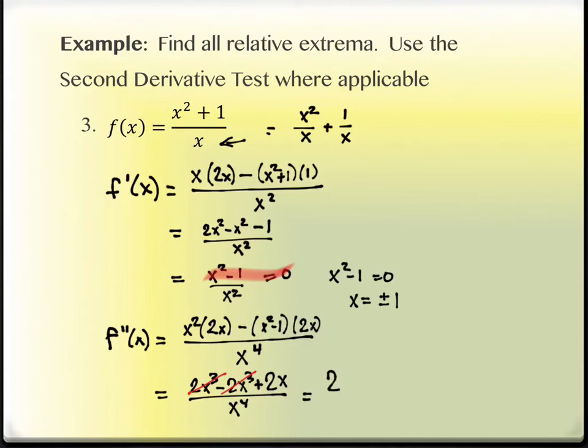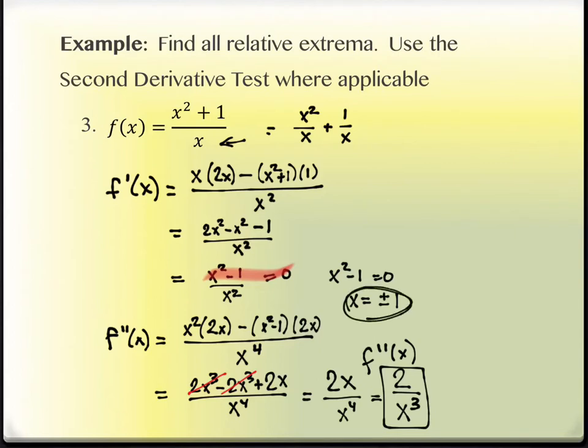The 2x on top is now positive, divided by an x to the 4th. But that will reduce to what? 2 over x cubed. Yeah, 2 over x cubed. So we might as well reduce it, get it in its simplest form. So this is my second derivative. And what I need to do is take these values from my first derivative and evaluate. So I do my second derivative at negative 1 and my second derivative at positive 1.